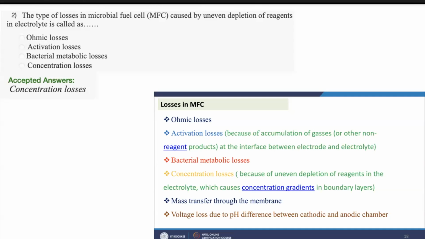And next one is the mass transfer to the membrane. And last is the voltage loss due to pH difference between cathodic and anodic chamber. I will highly recommend you to go back to the lectures if you're not able to answer some direct questions, and it will help you in remembering all the things which were discussed during those lectures.